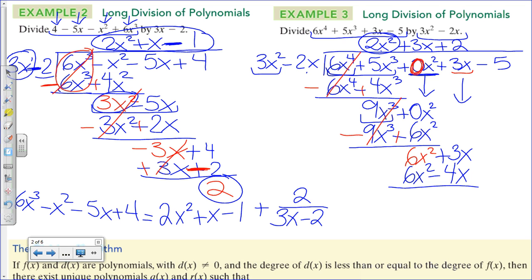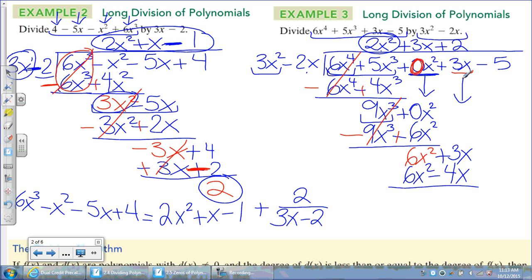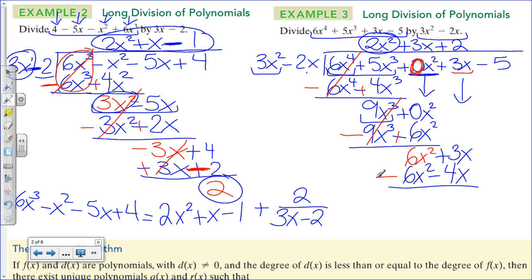And then what is our next step? Anyone? Subtract or change the signs, right? So negative, positive, that cancels out. 0, and then 3x plus 4x, that's 7x. Now what is our next step? We bring down the next term, right? Minus 5.